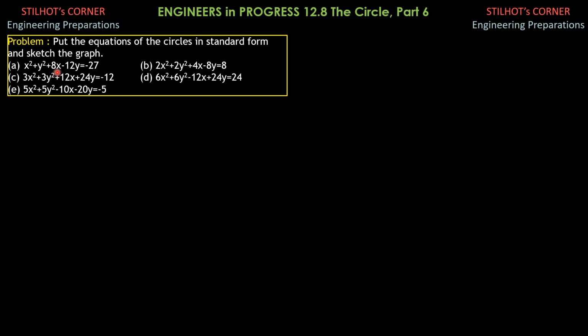Using the formula, the diameter 2r is the square root of the coefficient of x squared plus coefficient of y squared minus 4 times the constant. So I'll present 2 ways for part A, then in the succeeding exercises just 1 way.